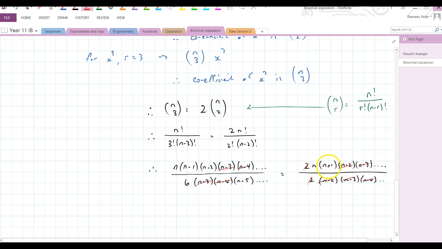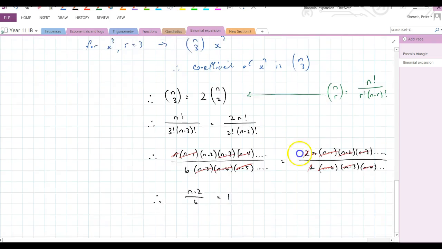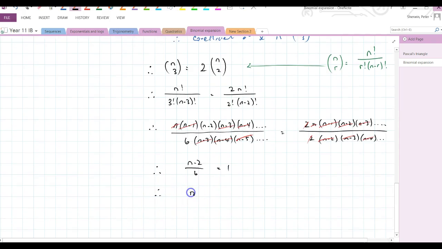Also, the n and the n minus 1, I can divide both sides by n minus 1. On the right-hand side now, I've just got 1. Everything's gone. On the left-hand side, I've got n minus 2 over 6. N minus 2 over 6 equals 1. Therefore, n minus 2 equals 6.